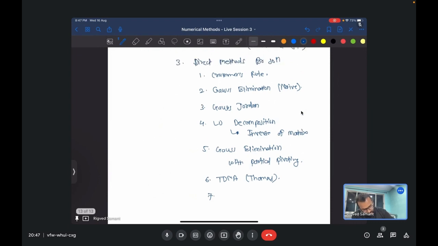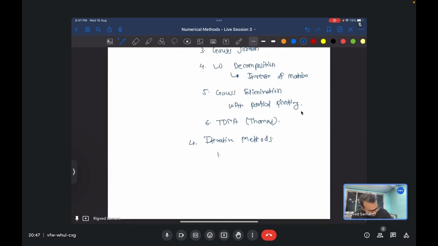After direct methods, what we saw is iterative methods. In iterative methods there are two methods, Gauss Seidel and Jacobi. In Gauss Seidel, the latest value is used. Whatever the latest value of x you have, you use it for the next calculation. In Jacobi, previous iteration values are used.